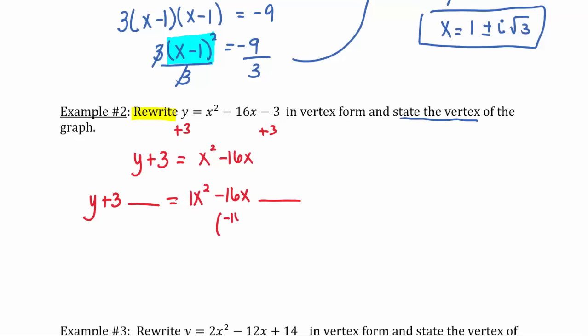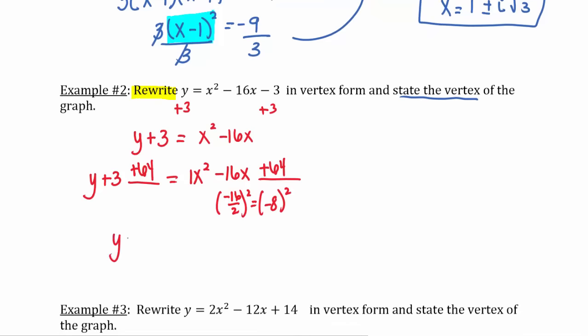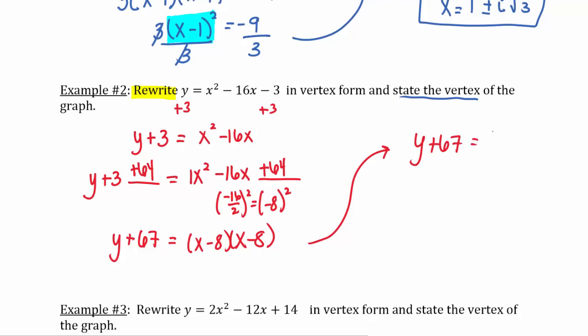So negative 16 over 2 squared is negative 8 squared, which is 64. That gives me on the left side 3 plus 64, which is 67. And then I'm going to factor this side, which gives me x minus 8 times x minus 8. That leaves y plus 67 equal to x minus 8 squared.